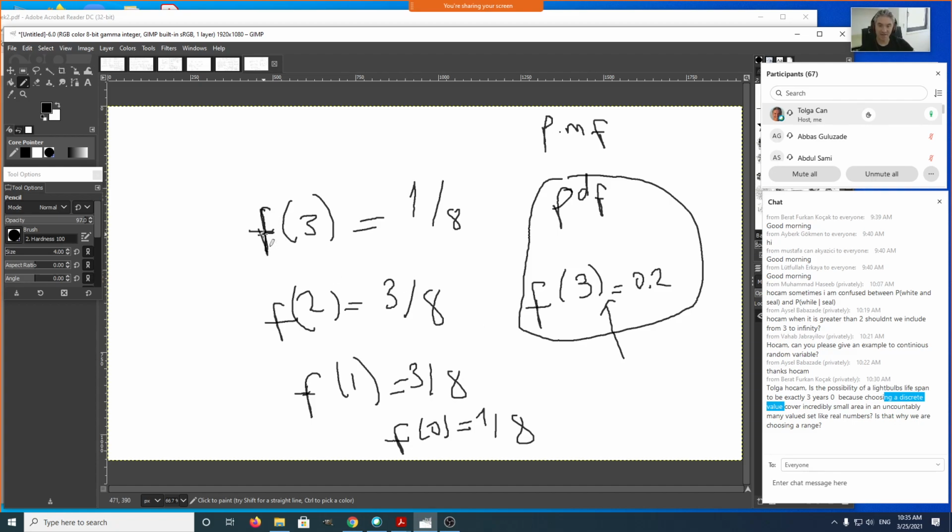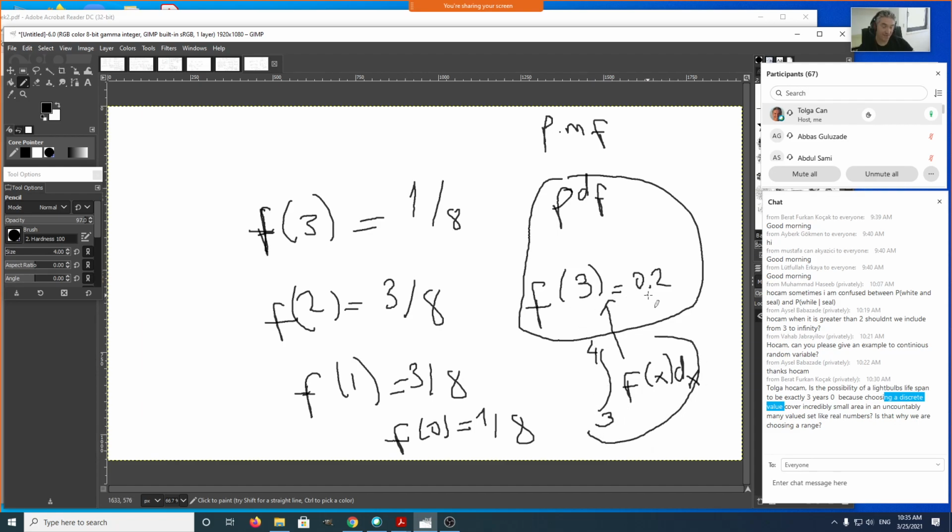This small function f does not always show the probability. In the continuous case, we are going to integrate f(x) dx, from, for example, 3 to 4, to figure out the probability that the lifetime of the light bulb is between 3 and 4 years. So we use this function to integrate.